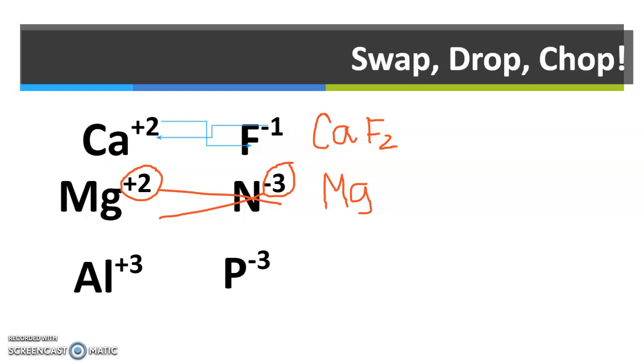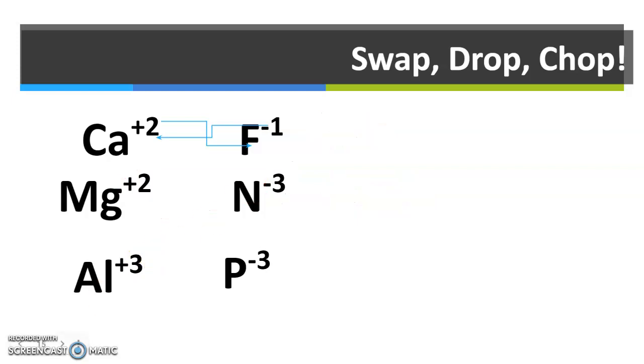So the 3 came down here, but we don't want that minus, so it's just going to be 3. And then we have nitrogen. And this 2 has come down here. And again, we drop the charges. So Mg3, so 3 atoms of magnesium and 2 of nitrogen.